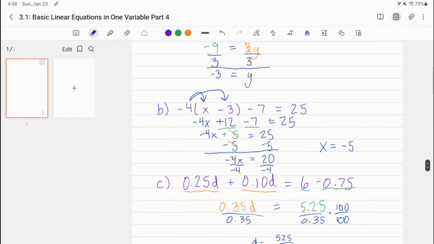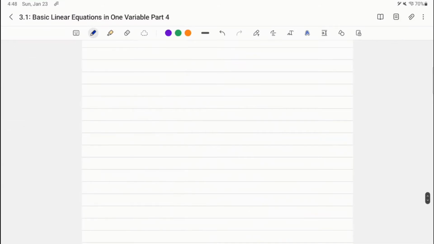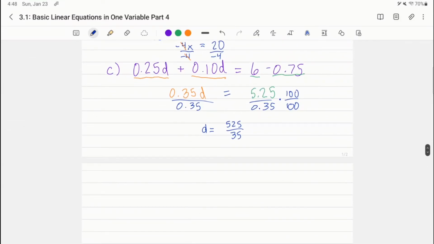Let me do something real quick so you can see what I'm writing. There we go. So remember, when multiplying by 100, it just means move the decimal over 2. So that's what I did. Well, now both of these I can see are divisible by 5. So I can divide by 5, divide by 5.